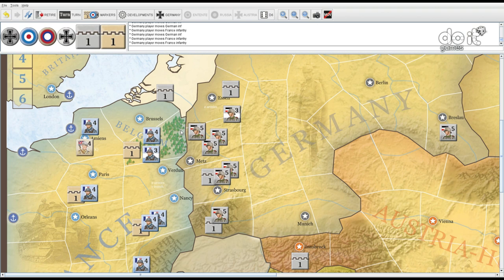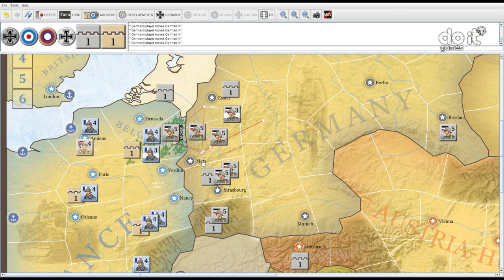To attack, you must be adjacent at the beginning of the turn. So for example, a unit here cannot attack because it doesn't start adjacent to the target, okay? And you have to move straight. You cannot move up and then attack.